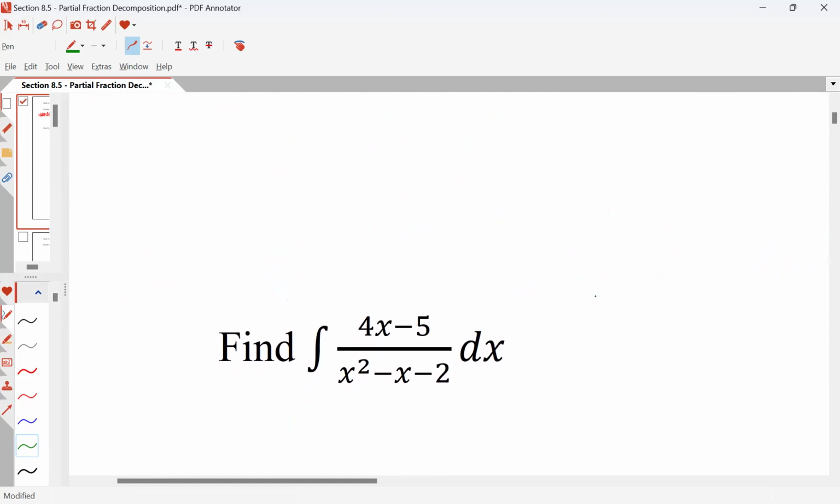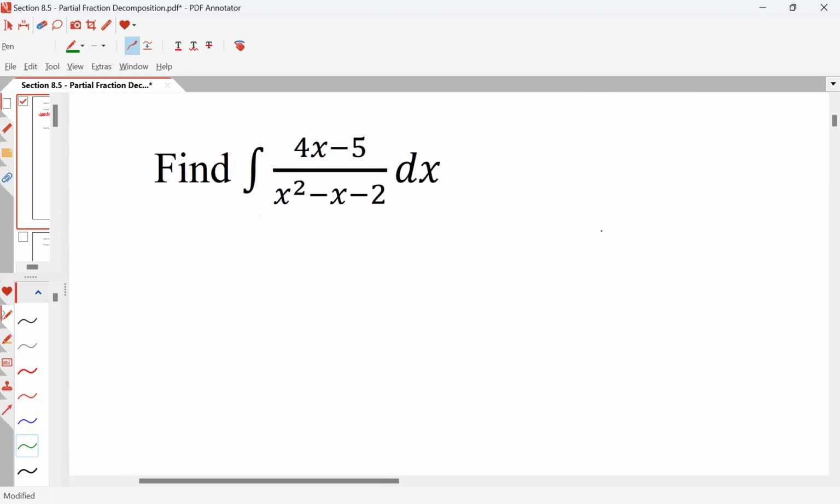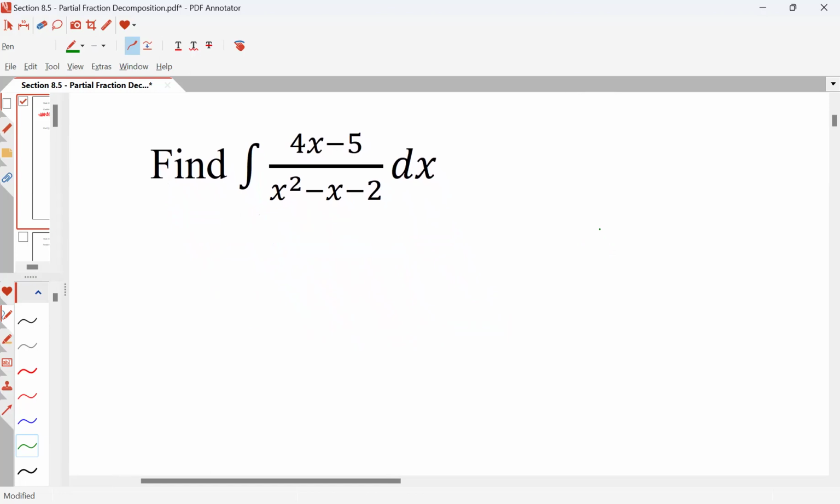We could do some complicated u sub where we'd have to complete the square on the denominator and make a u sub, and there'd be a lot of steps. We could do it, but it will get complicated.